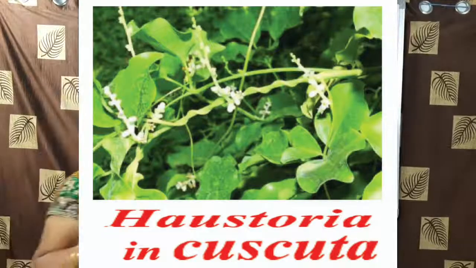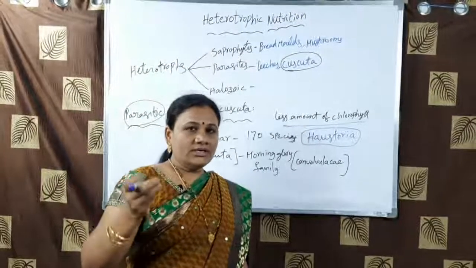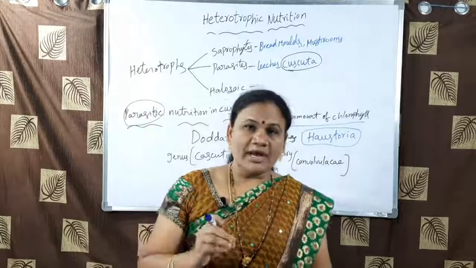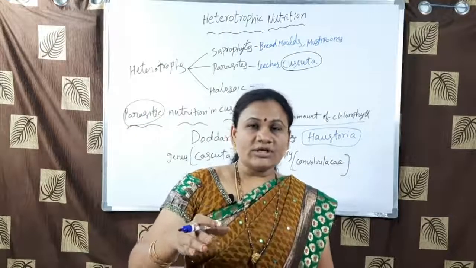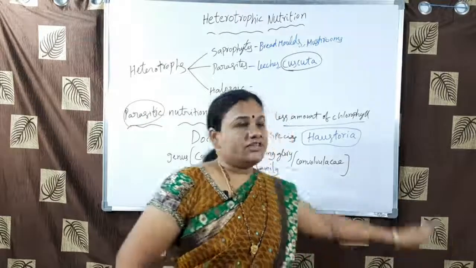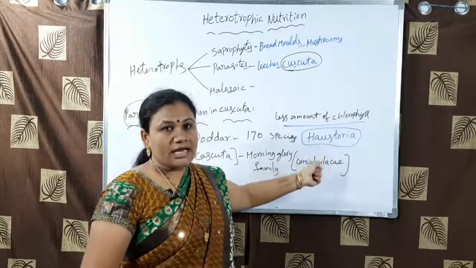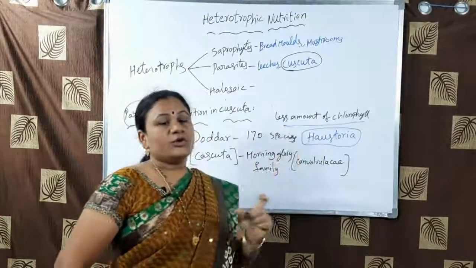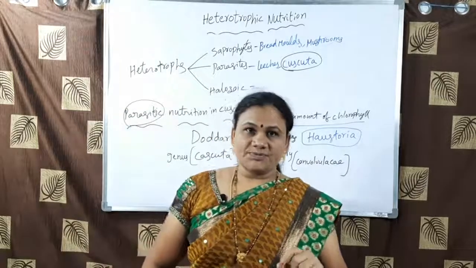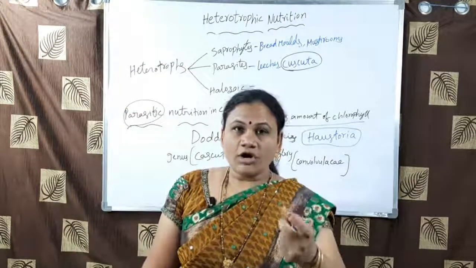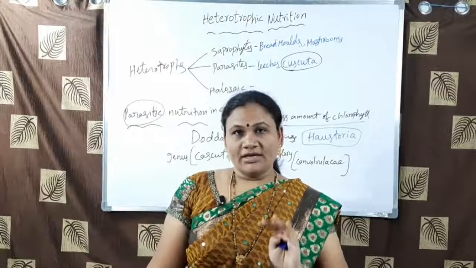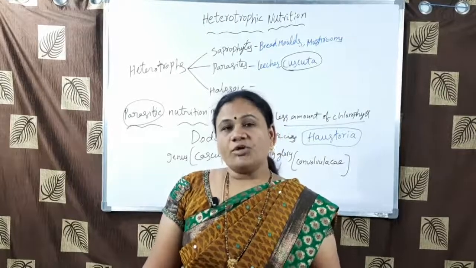These are the root-like structures which reach the host plant by penetrating into the plant body. With the help of these haustoria, the dodder absorbs nutrients, that means water from the xylem of the plant and nutrients from the phloem of the plant.